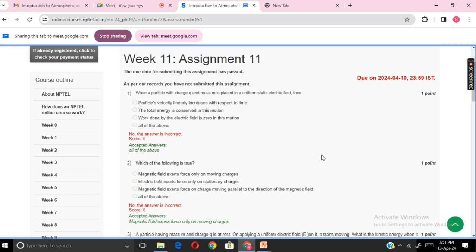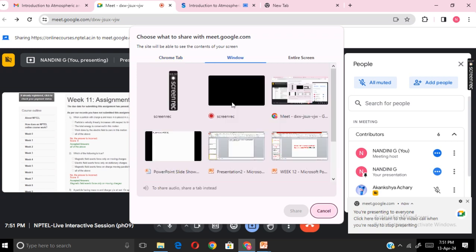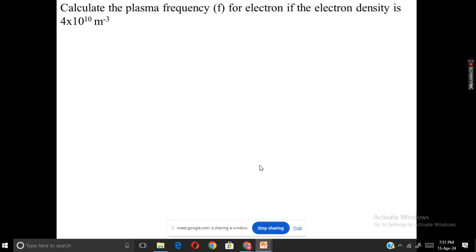Let's try to look at each of these questions. We will calculate this problem as well. Then we will move on to week 11.